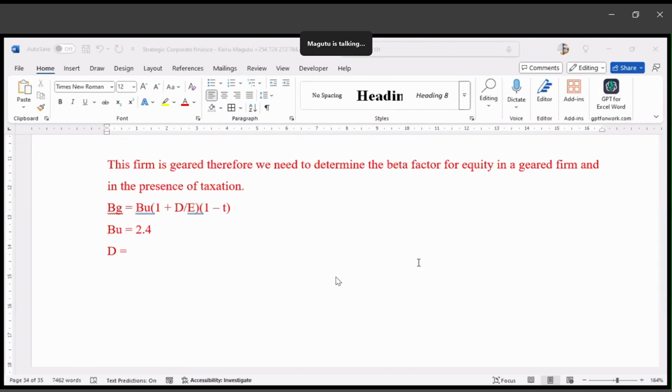Then it means that the debt will amount to 7,200. I don't know whether we are getting this together. Once it has acquired, it will have a debt amounting to 7,200. So we have the amount of debt.